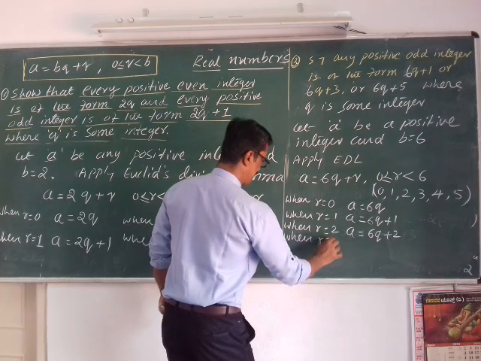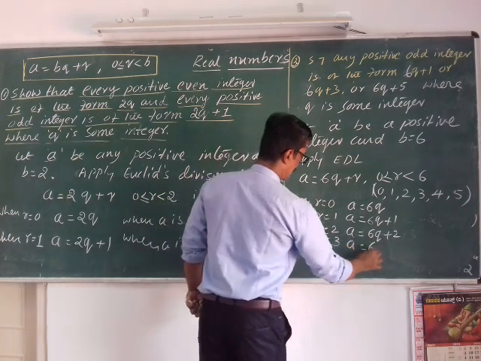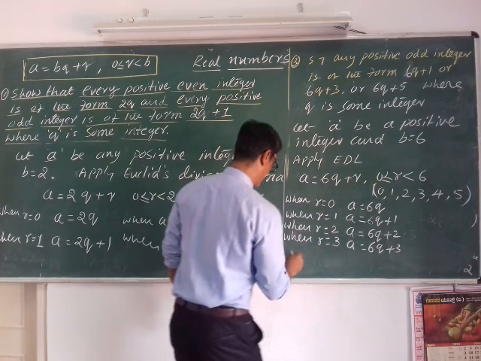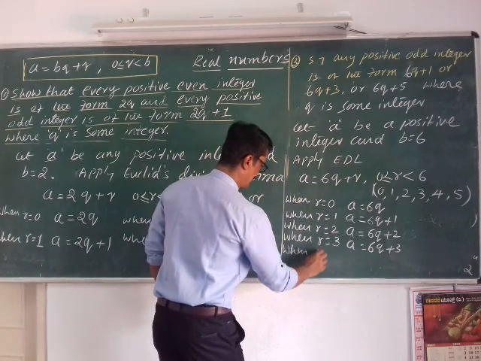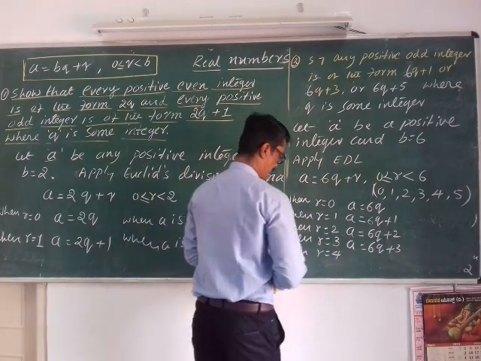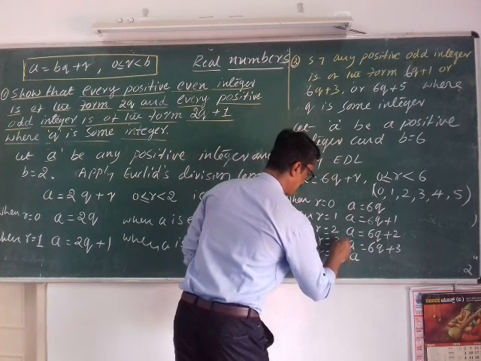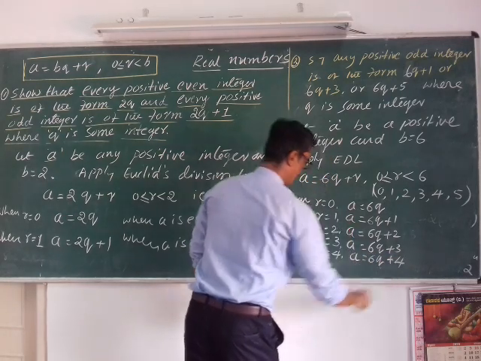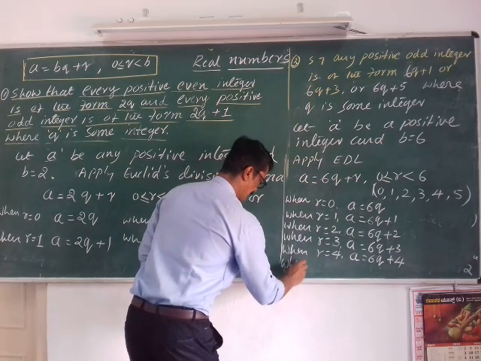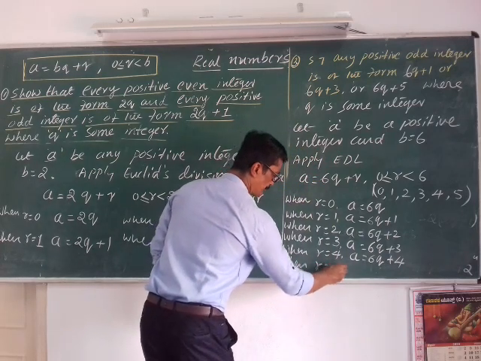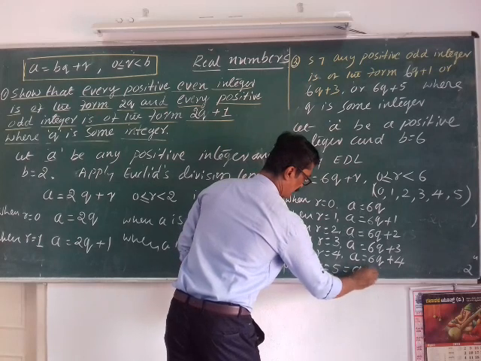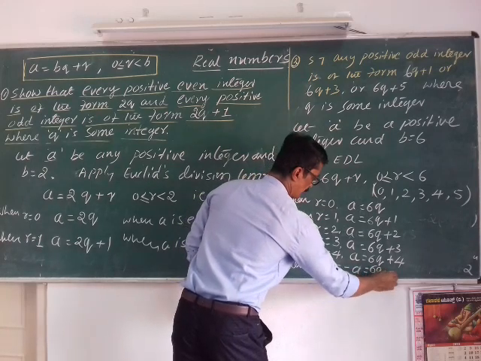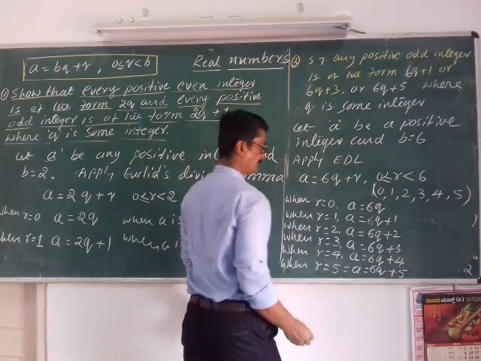When r is equal to 3, a is equal to 6q plus 3. When r is equal to 4, a is equal to 6q plus 4. When r is equal to 5, a is equal to 6q plus 5.